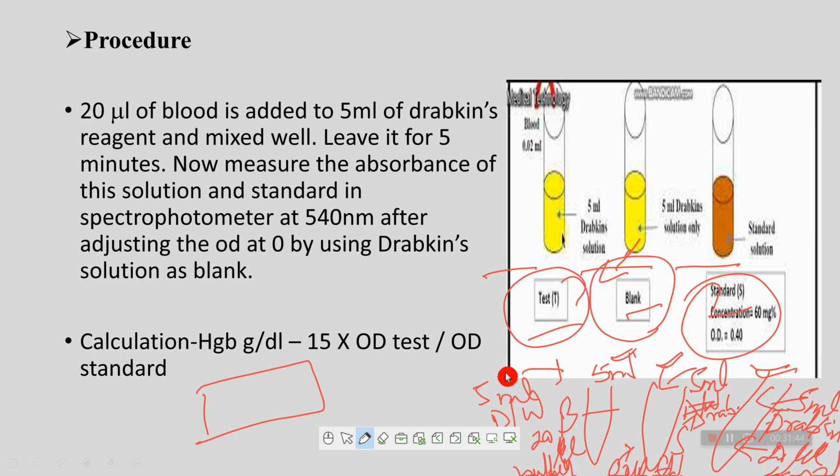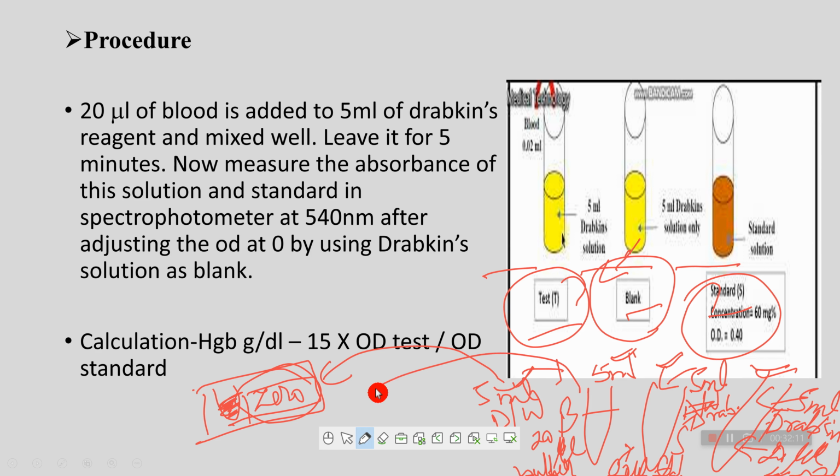First, we put the blank tube in the colorimeter and set the reading to 0. There is a 0 tab in the colorimeter, so the blank is used to adjust the reading to 0, so that no error occurs in taking the readings of the standard and test solutions.